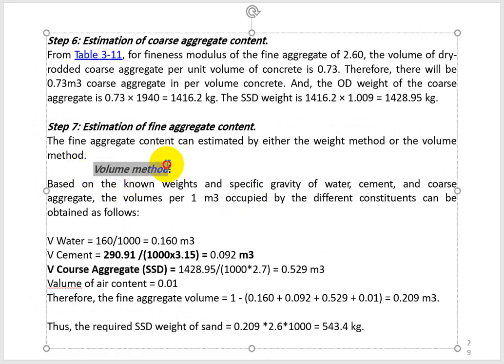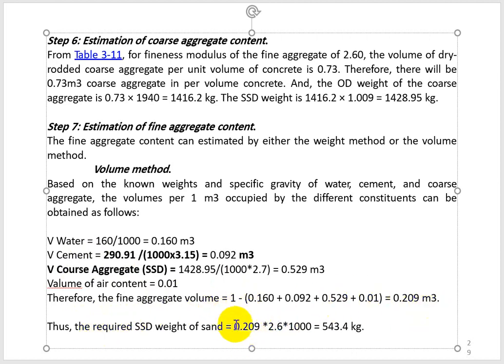And the easiest method is the volume method, and in that case we have all the information we need. We only need to divide everything by the density of its corresponding materials. So in that case we have it in this formula and we are set.